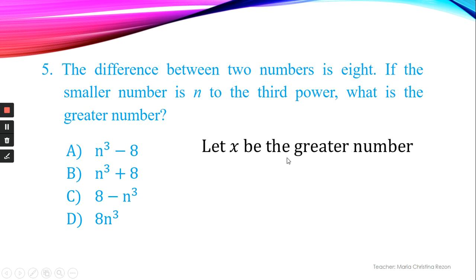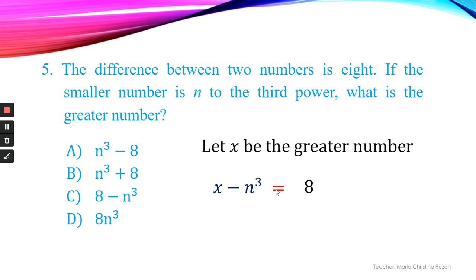So we let x be the greater number here because we do not know what the greater number is, but we are given that the smaller number is n to the third power. Then, if x is the greater number, then x minus n cubed, which is n to the third power, is equal to 8.